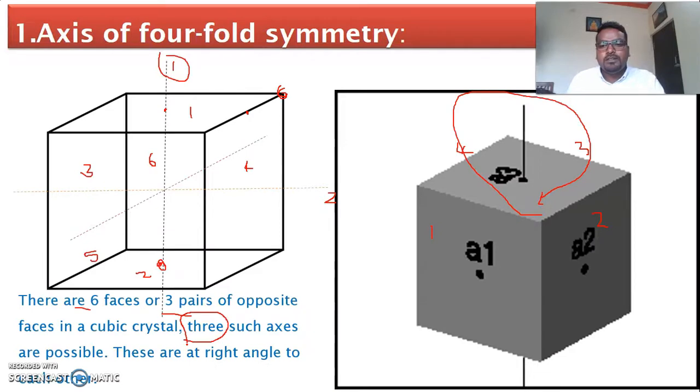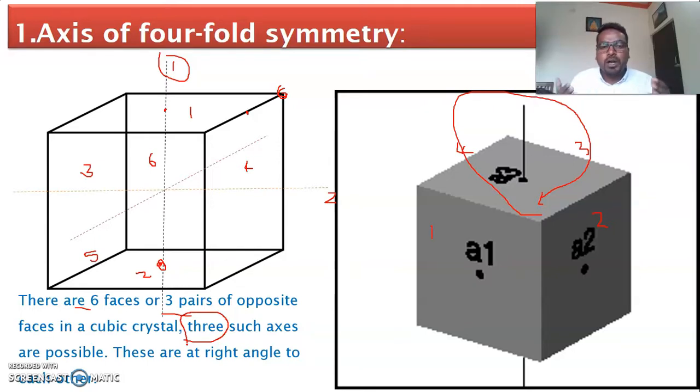So this is about axis of symmetry. We understood twofold, threefold, and fourfold axes of symmetry. Dear students, in order to understand clearly, you must know where the axis is passing through the unit cell.